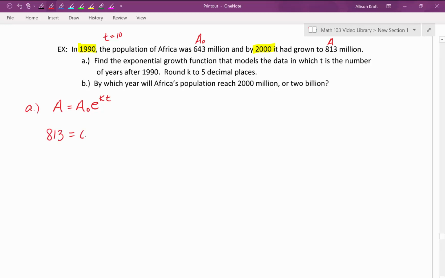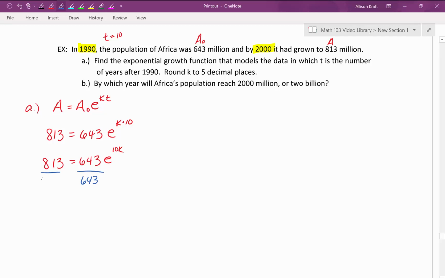813 equals 643 times e to the k times 10 power. I'm just going to rewrite that exponent. 813 equals 643 times e to the 10k. We have an exponential equation to solve here. We start by isolating the exponential.